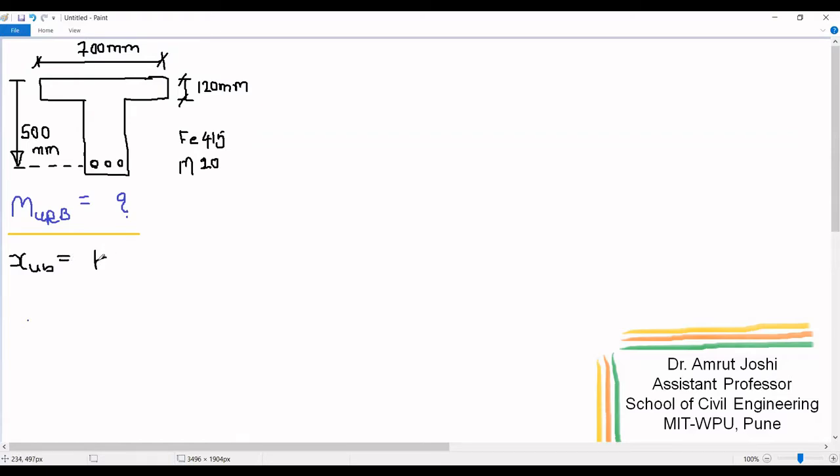XUB will be equal to KUB multiplied by D. KUB for Fe415, we know it is 0.48, multiplied by D, which is 500 here. Therefore, XUB is at 240 mm from extreme compression fiber.